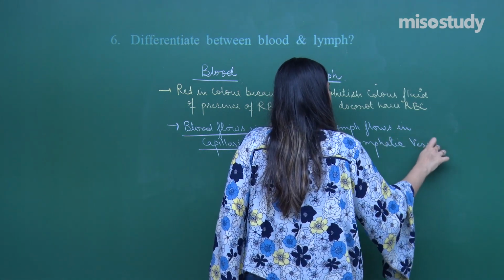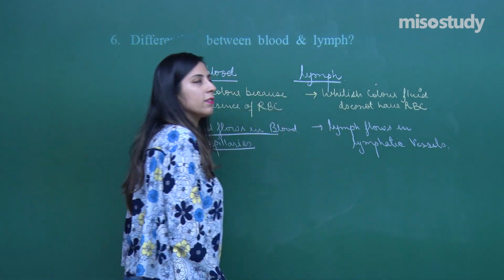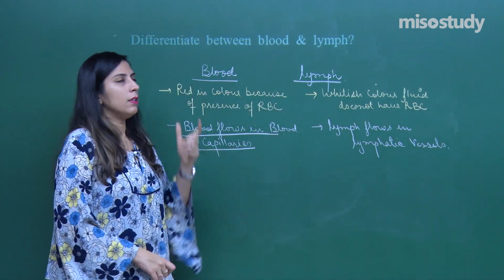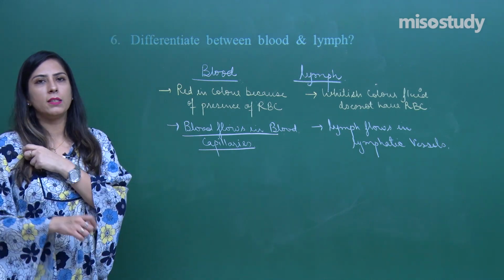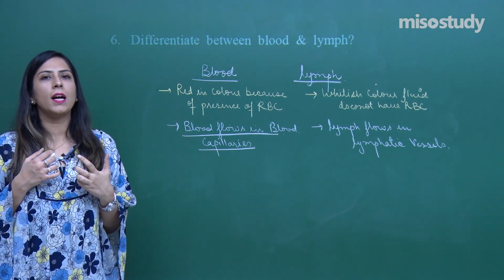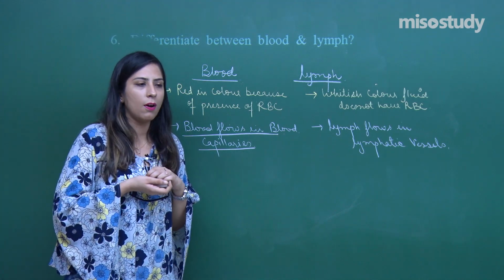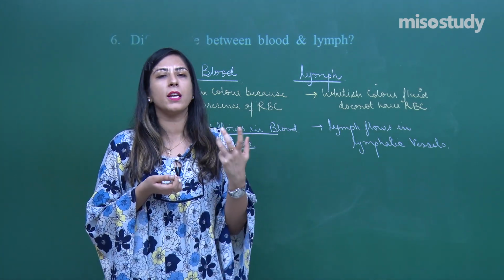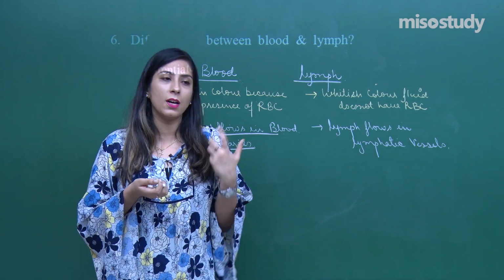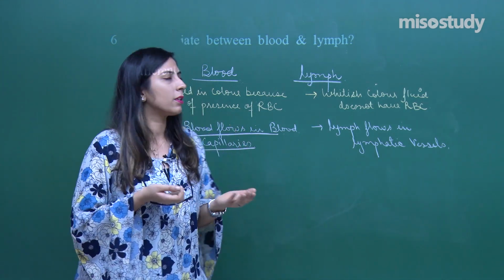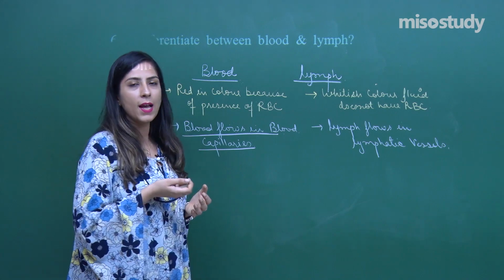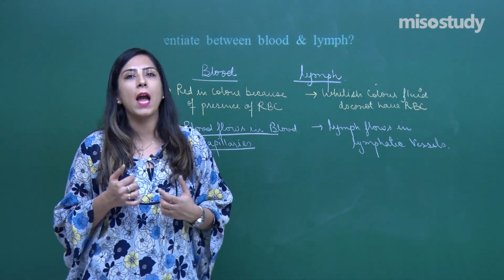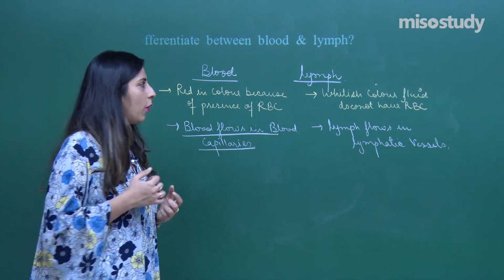These are the two differences. Let's talk about some more differences. When we talk about the function of blood, what is the function? They help in transportation of oxygen, enzymes, hormones, and excretory products. This is the function of blood. Whereas the lymph protects us from any unwanted antigen which enters into our body.